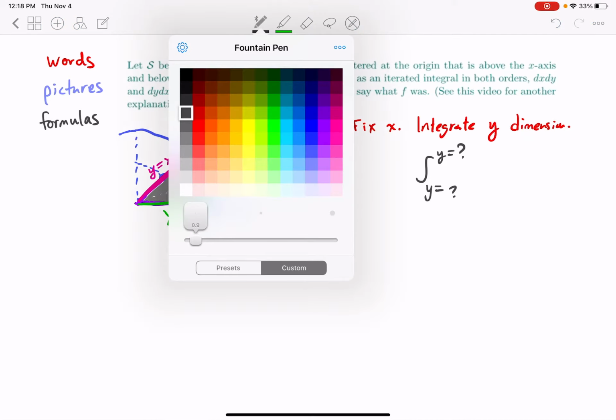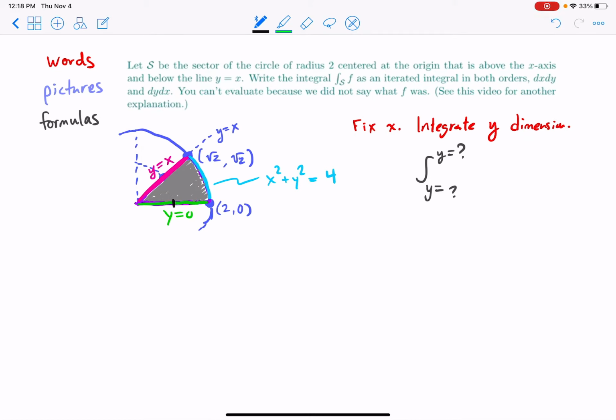Looking over here, if I fix an x, I go like that, and I slide around. If I fix different x's, the bottom endpoint is always on that green line, y equals 0. And so this part is a 0.